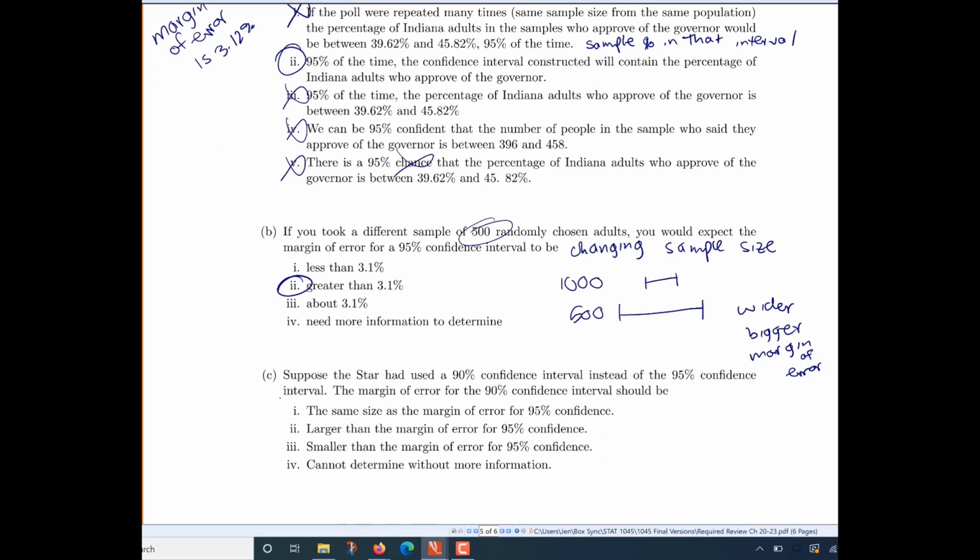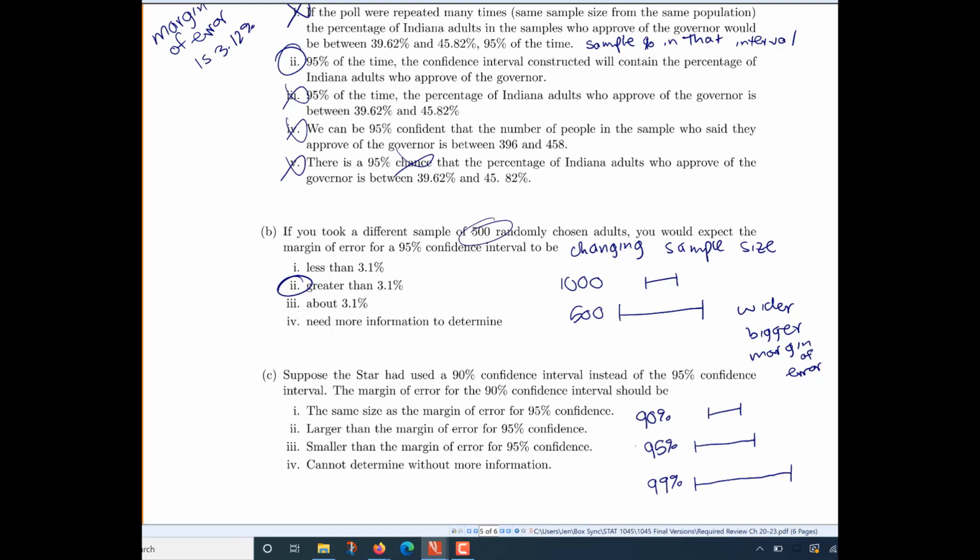Let's see, suppose they'd used a 90% confidence interval instead of 95%. So what's going to happen? Let's look at confidence levels. If you start off small, but you want to get more confident, the only way to get more confident is to get bigger. And bigger and bigger. So as you get higher confidence levels, you have to get bigger.